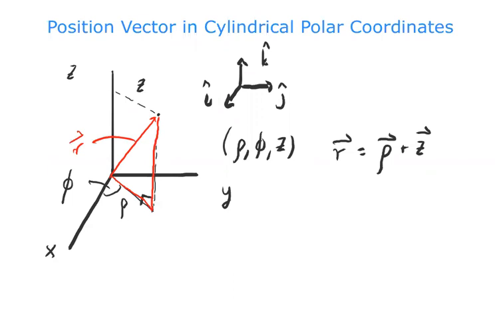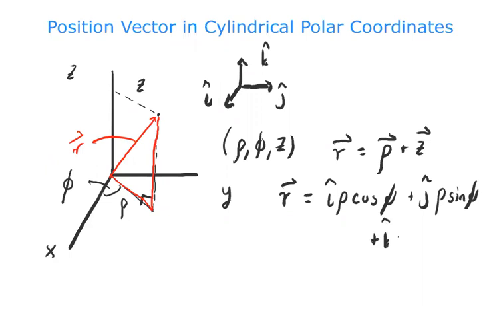What is that? It's easy to write down. I know what these are; I did this work before. It's just i hat rho cosine phi plus j hat rho sine phi. That I learned from my discussion of plane polar coordinates. And then I just need a k hat times z.